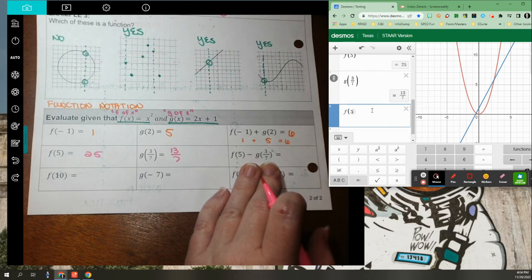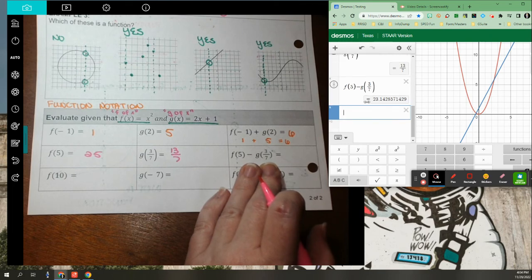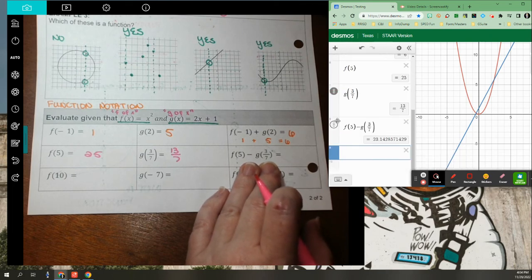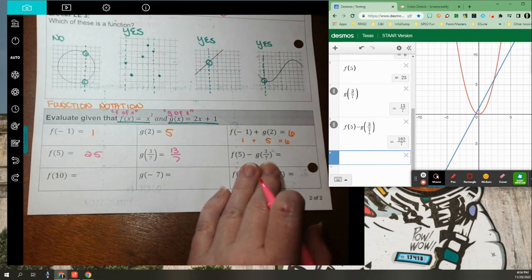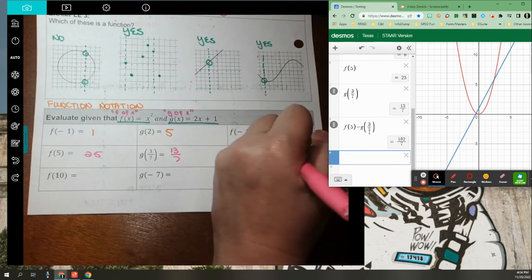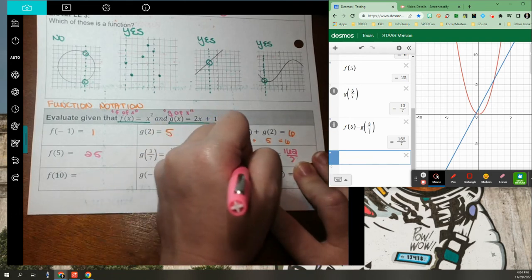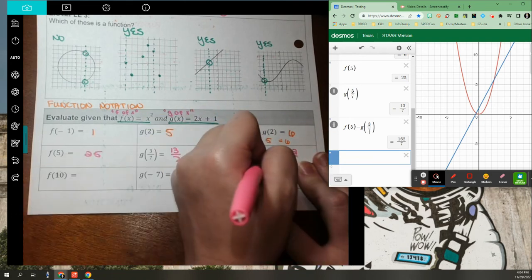F of 5, y'all, it's been a day, minus g of 3/7. There we go. Oh, more decimals. Thank goodness for Desmos, because it tells me that it is 162/7. I also know that I could do 25 minus 13/7.